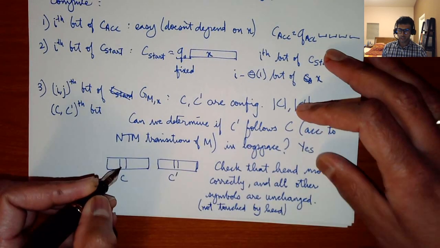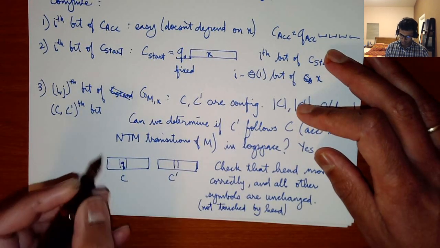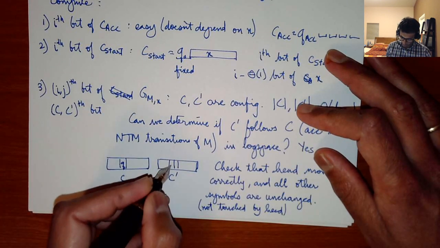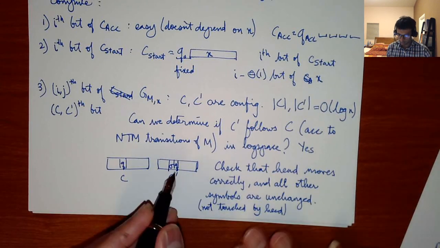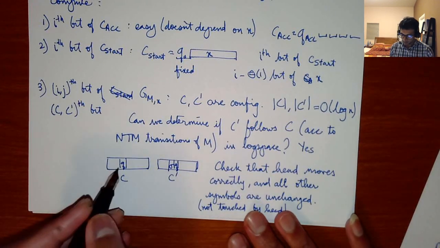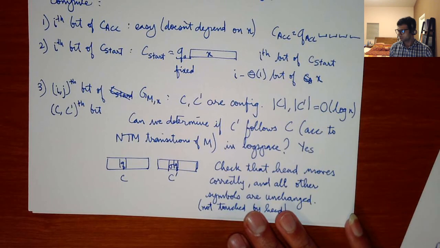So we check that if this was the head here, then whatever symbol sigma and whatever q over here, the new symbol over there and the new head follow according to the transition function.